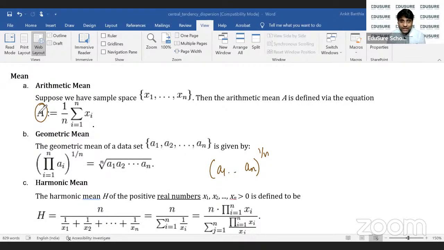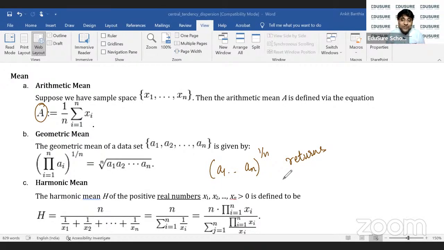Geometric mean, on the other hand, is used in order to find out returns or average inflation. That is also similar to returns, right? So if I want to find out what is the average inflation in the last 5 years, you take the inflation of every year and you find out the geometric mean.